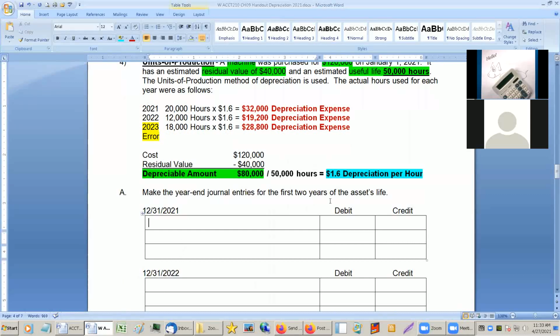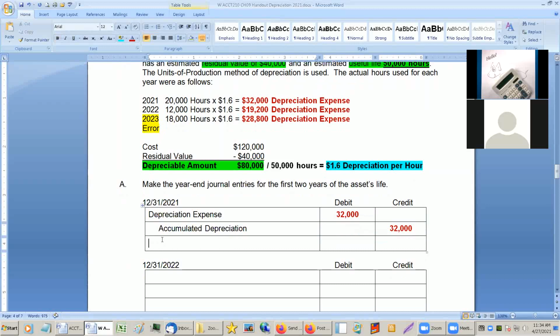Journal entries, same as we always do, depreciation expense. And again, those are just the same as up there.